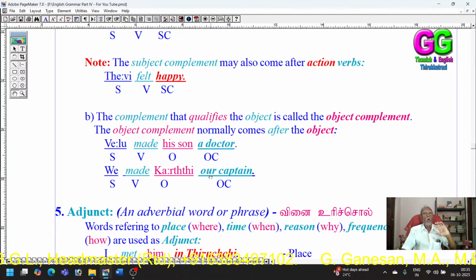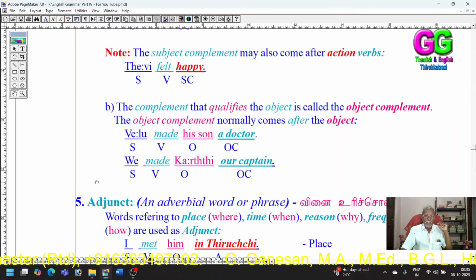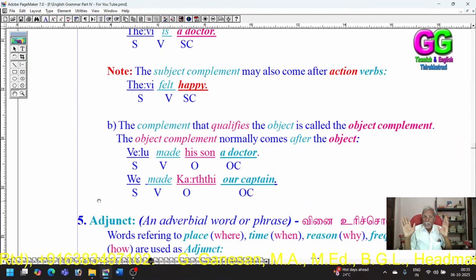So it is an object complement. My dear children, there are two kinds of complements: subject complement and object complement. A complement that qualifies the subject is called subject complement. A complement that qualifies the object is called object complement. And we have seen where the subject and object complements should be placed.